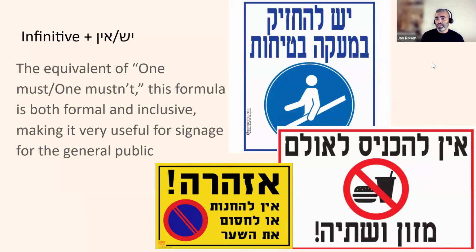The first one uses our two good friends that you've already encountered, yesh and ein. When we learn possessives, how to own something, we learn the words yesh and ein. Yesh means there is, ein means there's not.